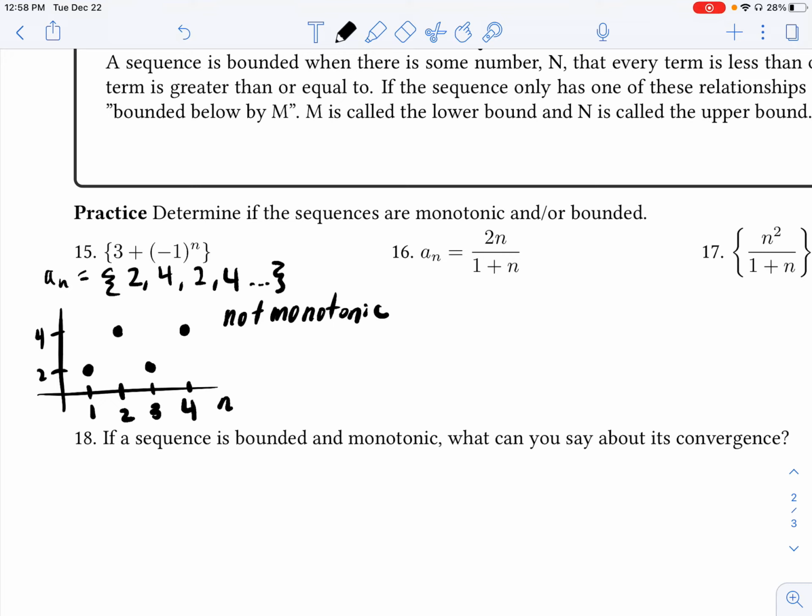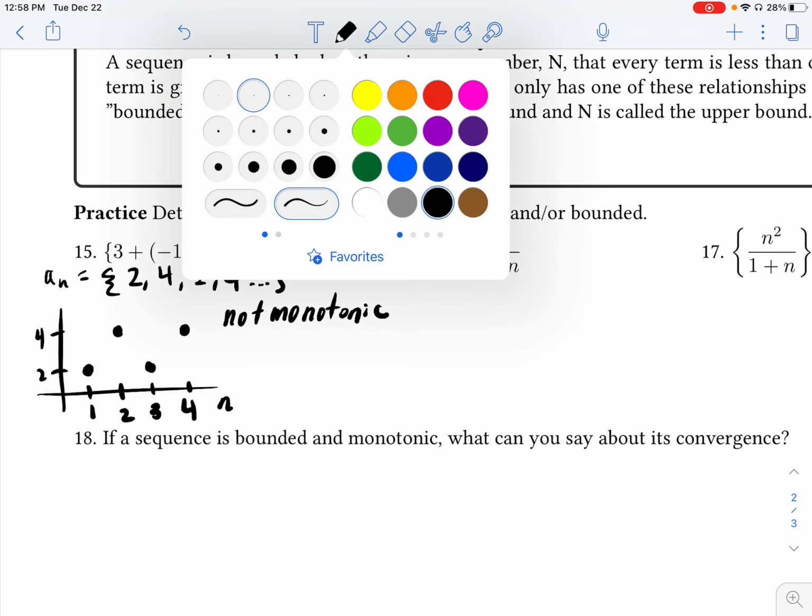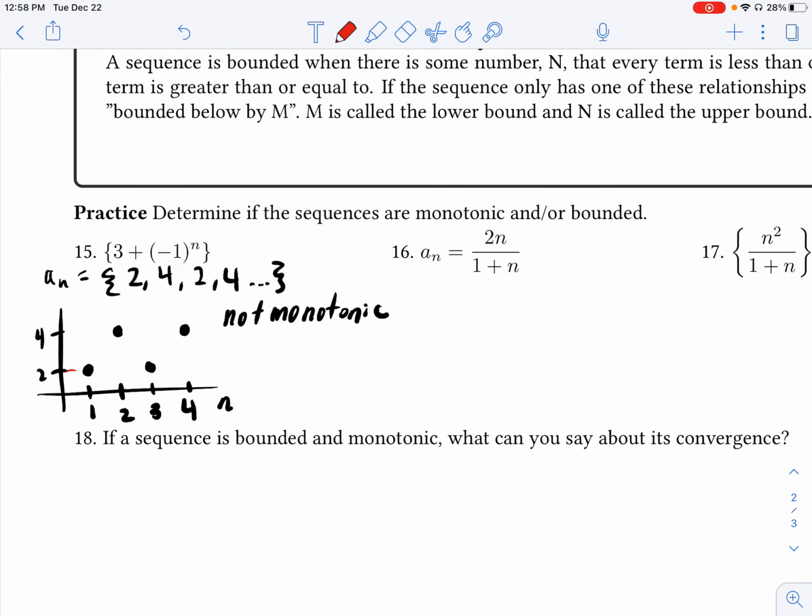Now, is this sequence bounded? Well, yeah. Our lower values never go below 2, so we would say that this is bounded below by 2. And at the same time, it never gets larger than 4, so we would say that this sequence is bounded above by 4. So this sequence is bounded.